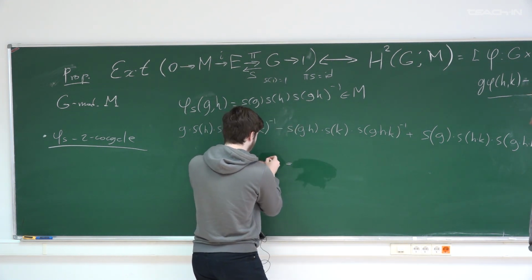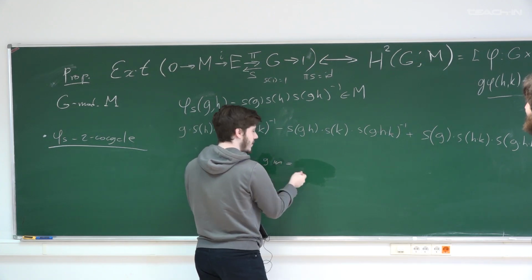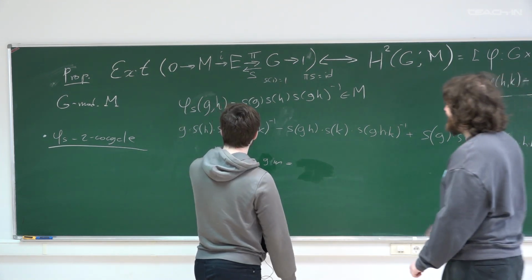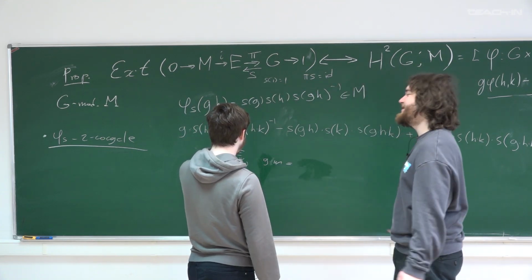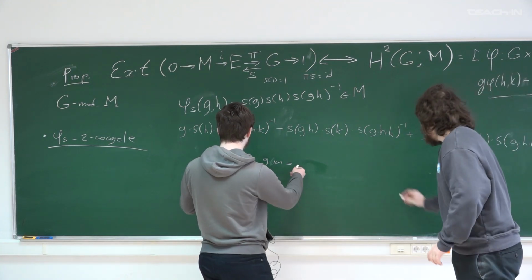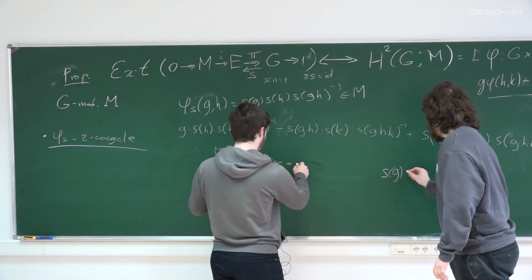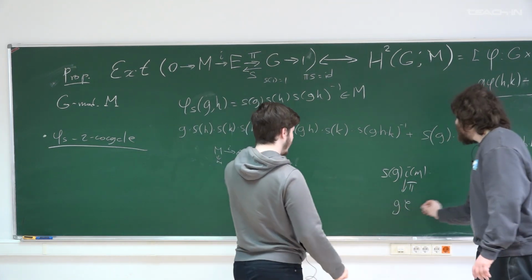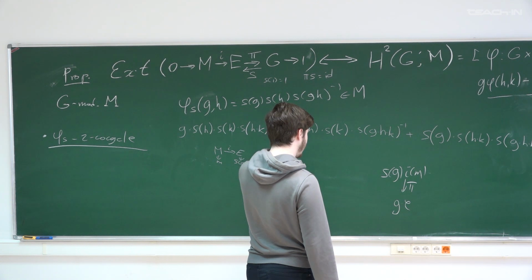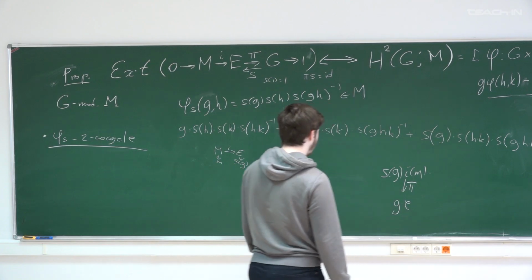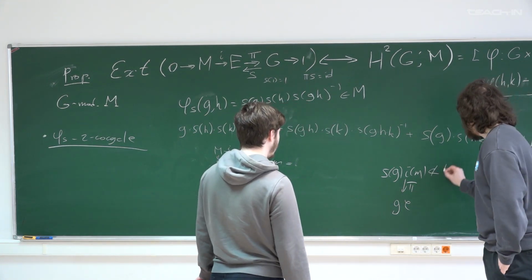But g·i(m) does not lie in M, because if you apply π here, you obtain g, not the unit. If you write down something like s(g)·i(m) and apply π, you obtain g, not the unit. This goes to 1 and this to g, so it does not lie in M.